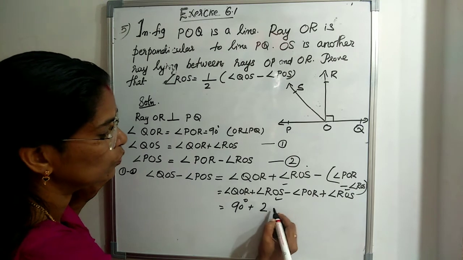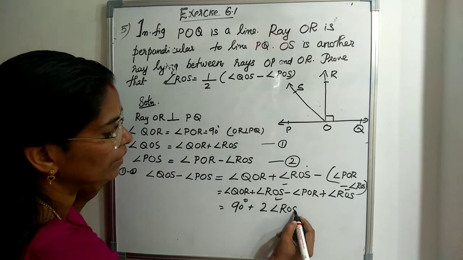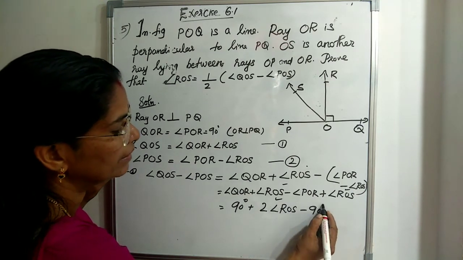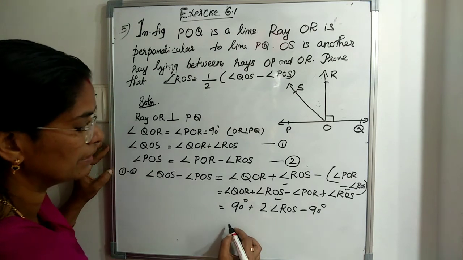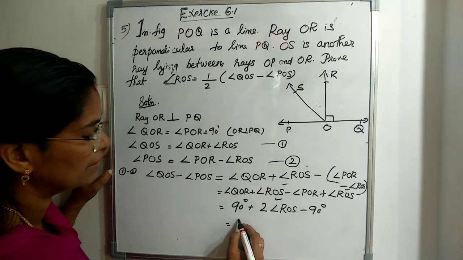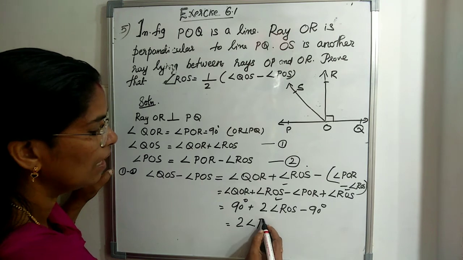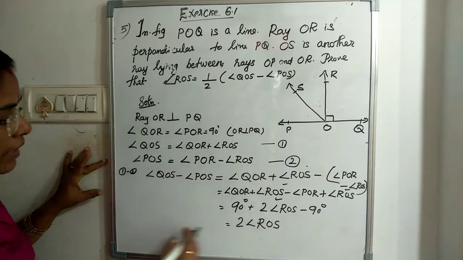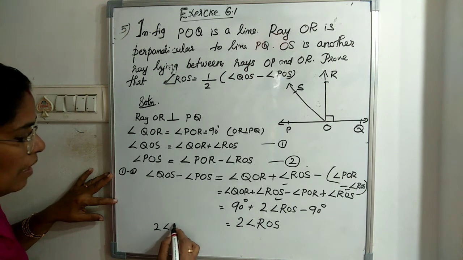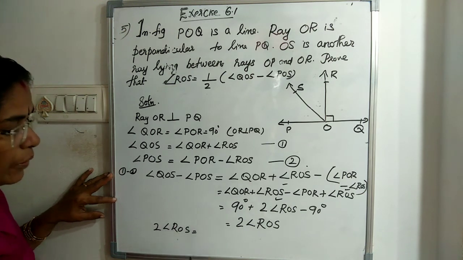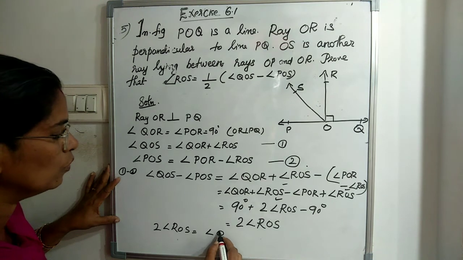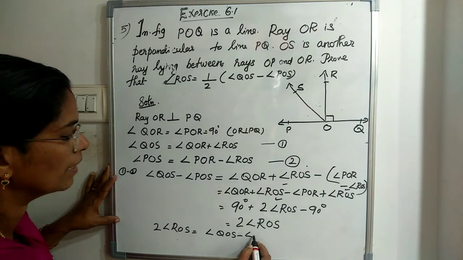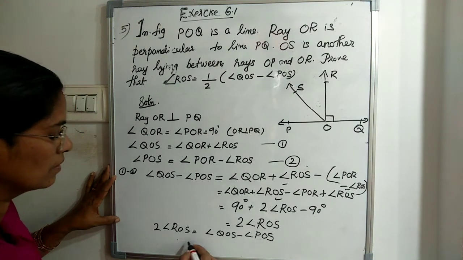It is 2 angle ROS. Its value is 90 degree. So these two terms will cancel, 90 minus 90 cancel. Balance here we will get 2 angle ROS. So that we need on the left side. We can take 2 angle ROS is equal to angle QOS minus angle POS.